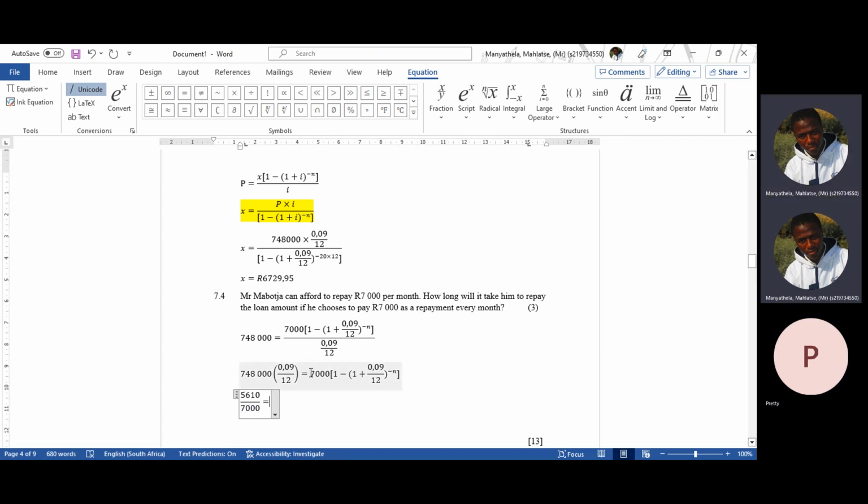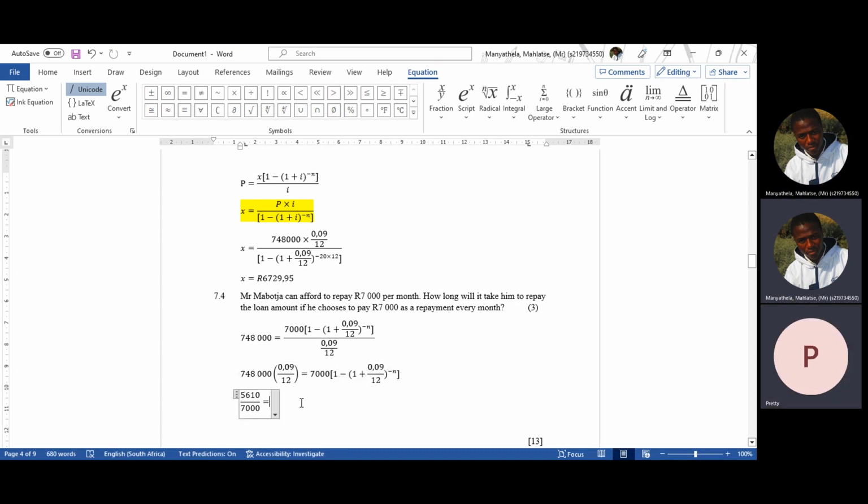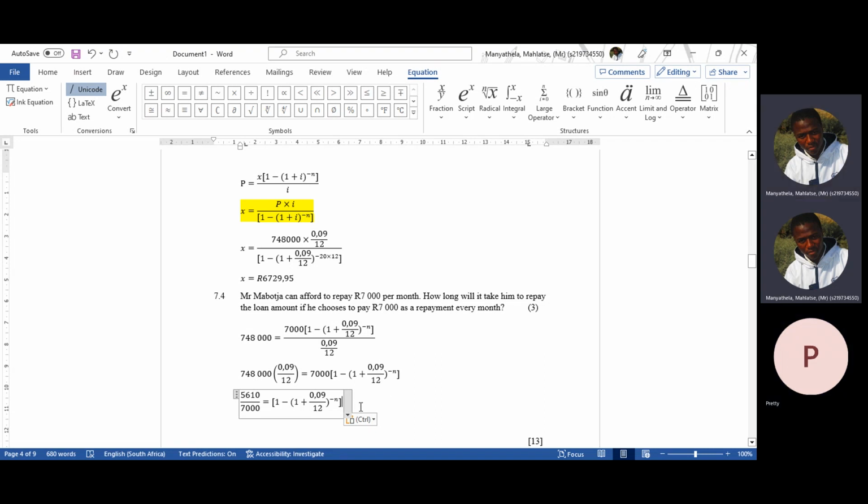If we were to divide this side by 7,000, 7,000 will cancel 7,000, and the only thing that will remain will be what is inside the square bracket. So we can remove this square bracket.